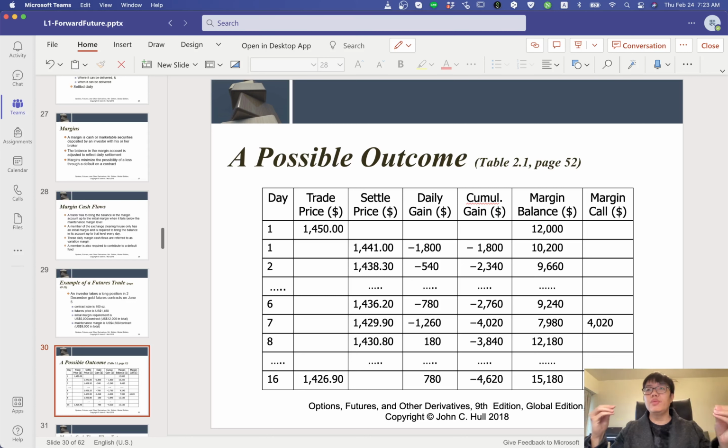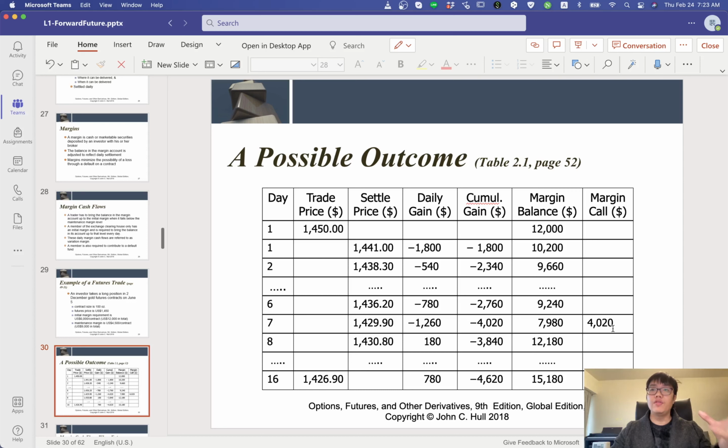Because every daily loss is reflected and you need to pay, it mitigates the concern that you will run away if you run out of money by the end, right?